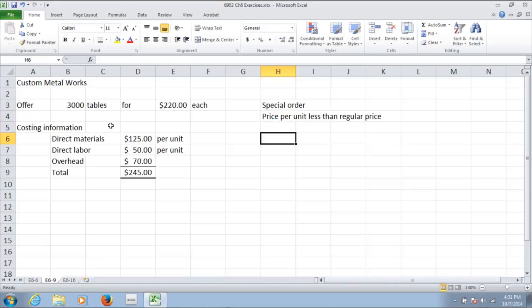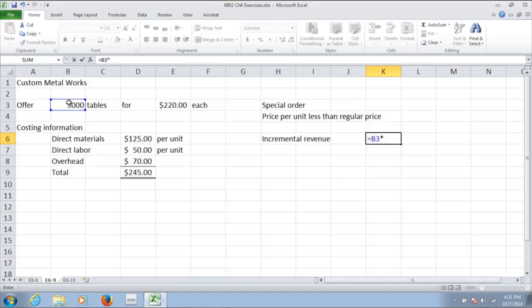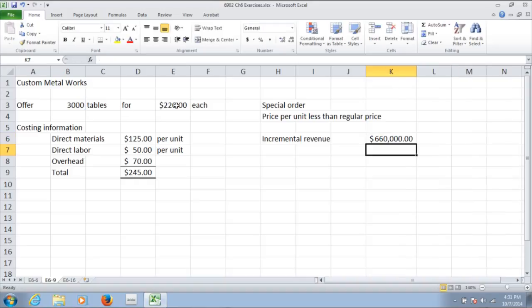The issue here is that this big box retailer wants a deal, and to see if that's worthwhile, we have to examine what's known as our incremental revenue. If they make the sale, take 3,000 and multiply that by the $220 a piece, they bring in $660,000 of revenue. Compared to what cost do they incur?